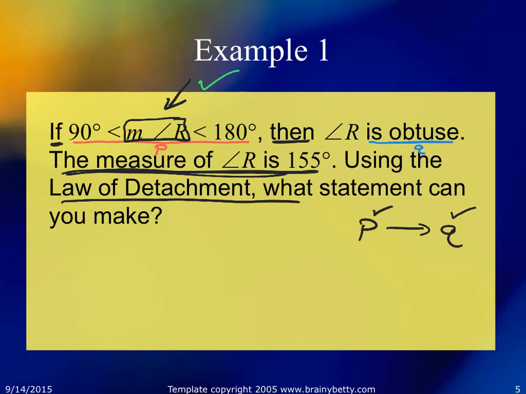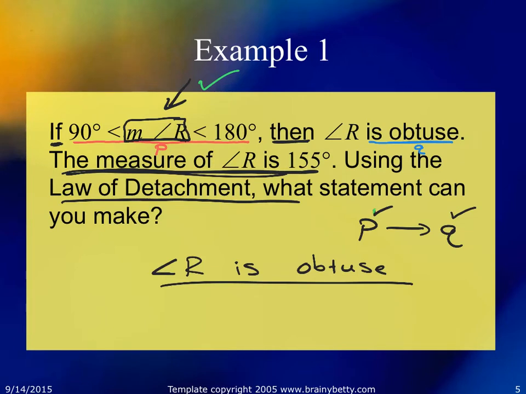So the statement that we can make is that angle R is obtuse. That is the statement we can make. We know that to be true. Why? Because you told me that the first thing is true, and the law of detachment says if the first thing is true, well then the second thing must be true.